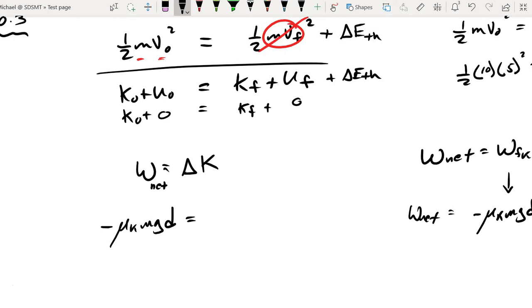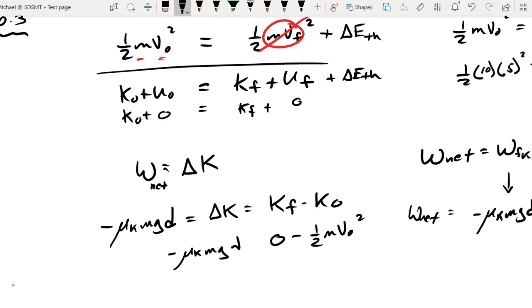The work done by friction is responsible for the change in the kinetic energy. Our final kinetic energy was 0. Our initial kinetic energy was based on the initial velocity of our mass.